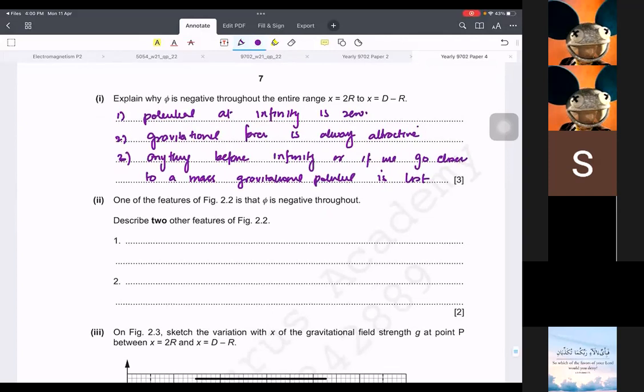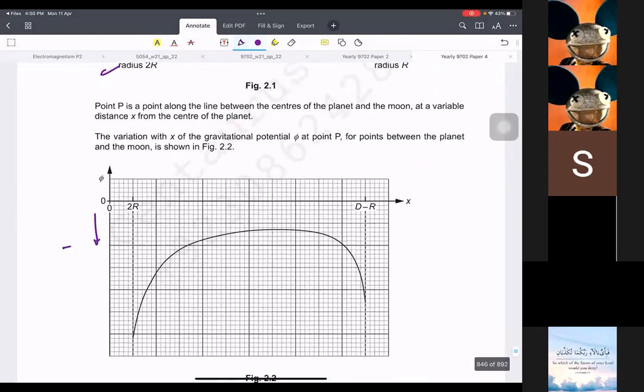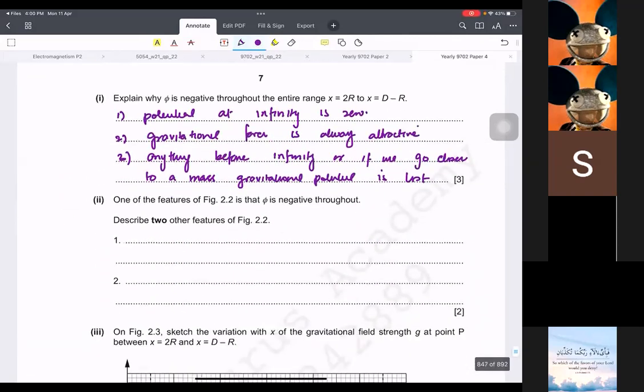Now, one feature is that it is negative throughout. We already know that, it's below this line, so it's all negative. It says describe 2 other features.